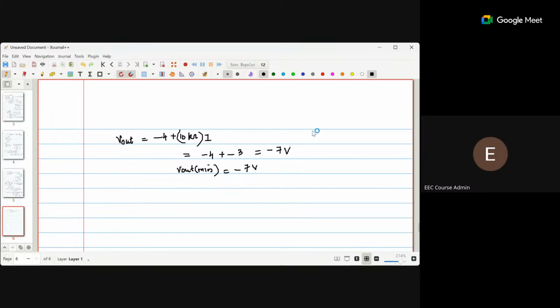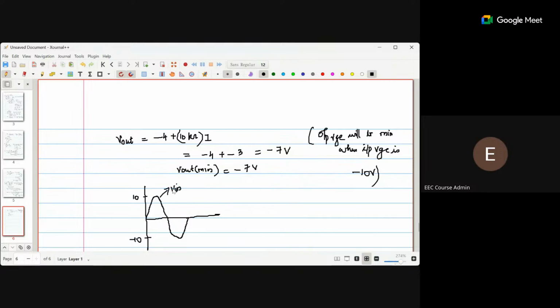This is because the output voltage will be minimum when input voltage is minus 10 volts. Okay, it will be like this. This is plus 10, this is minus 10, this is our input waveform.